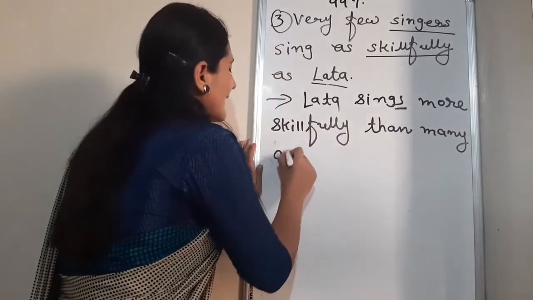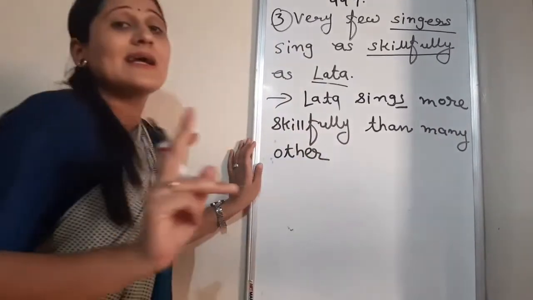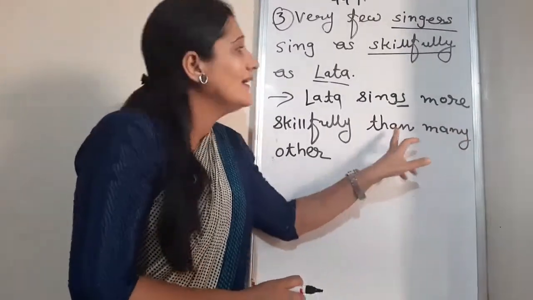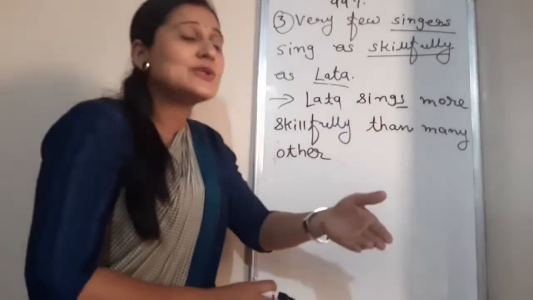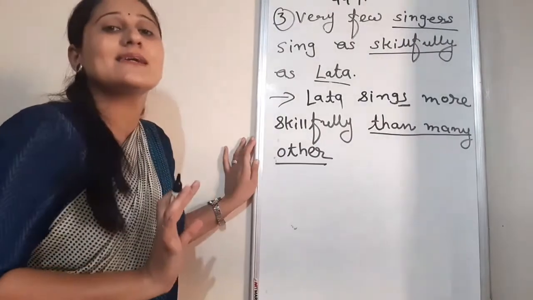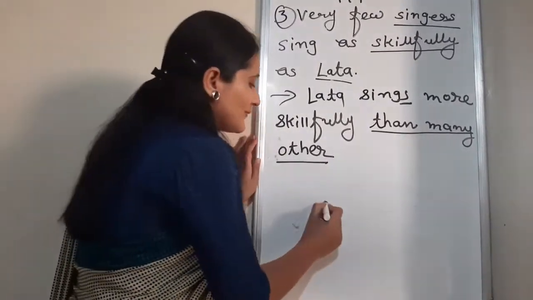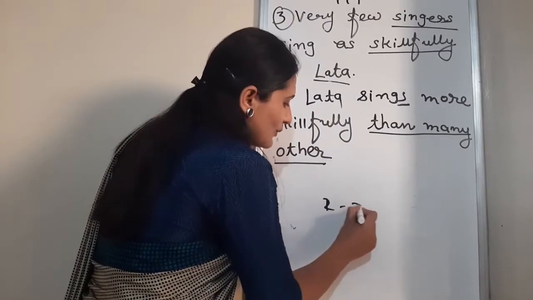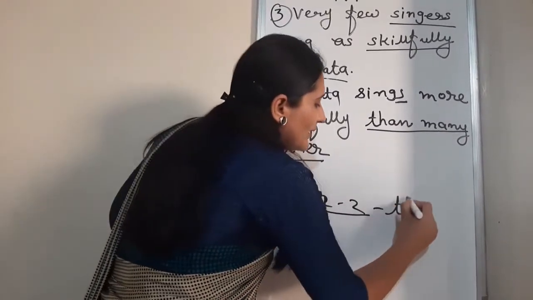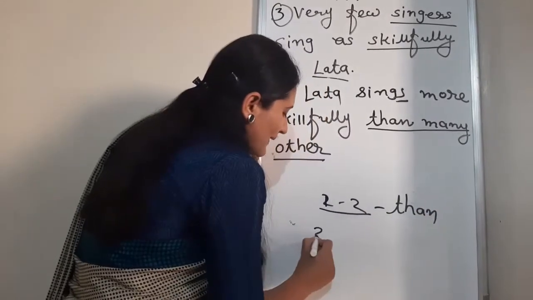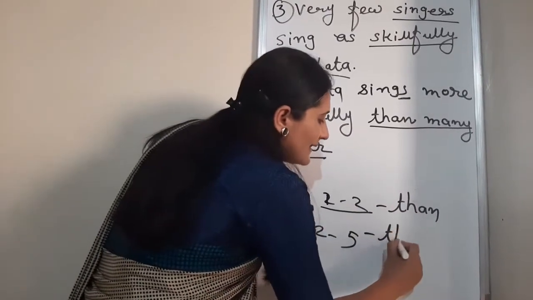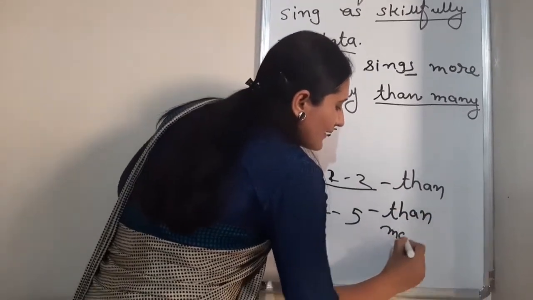See. Then many others. If comparison between two, we will write only then. If comparison between more than two, then we will write then many others. This is the difference. If comparison between two things, we will write only then. If comparison between more than so many things, 4, 5, whatever, then we will write then many other.